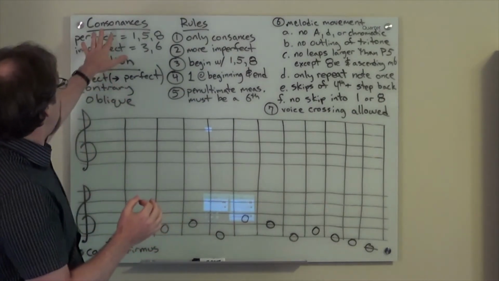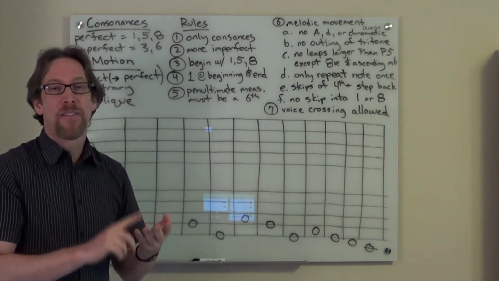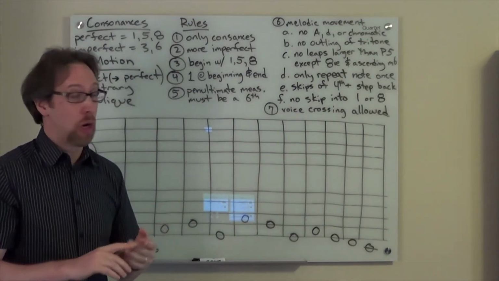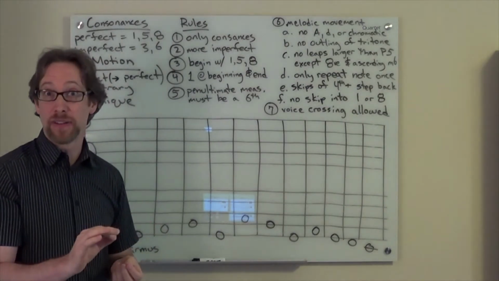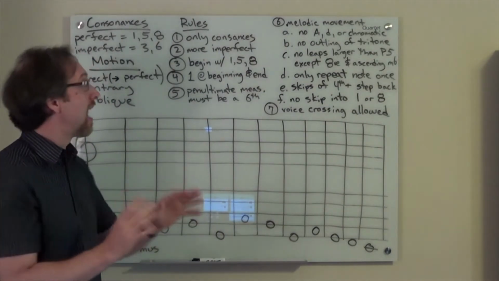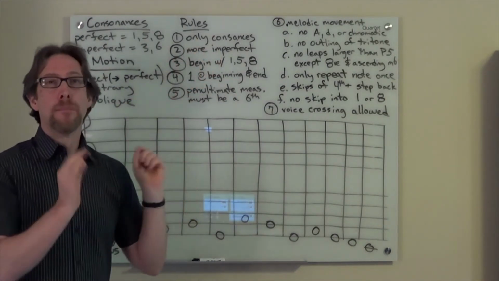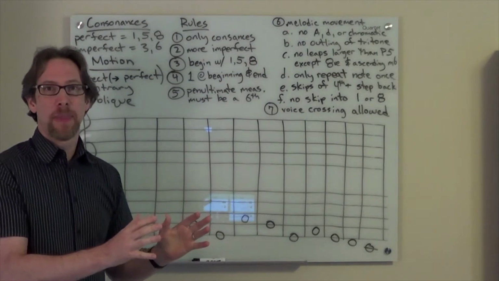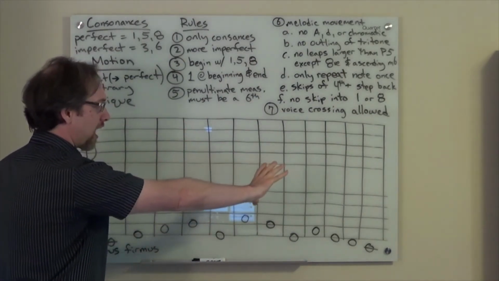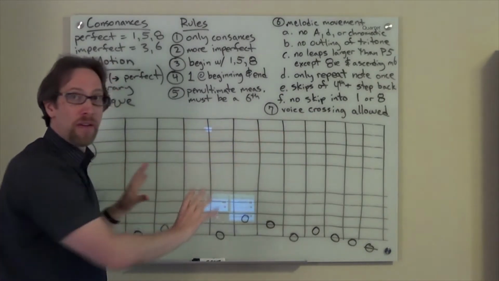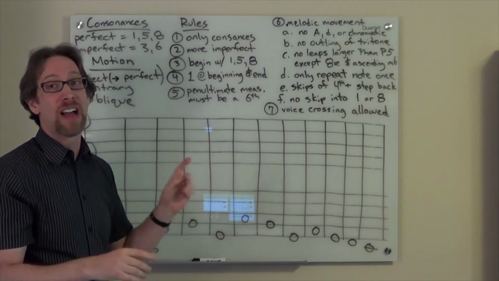So we're only going to use 1, 3, 5, 6, and 8. So no seconds, no 4ths, no 7ths. Only consonances. Now, there's still more to be considered. We're going to use more imperfect consonances than perfect consonances. So when we're all done writing our counterpoint above this cantus firmus, there should be more 3rds and 6ths than 1s, 5ths, or 8s.